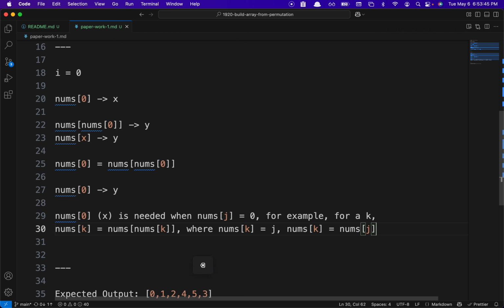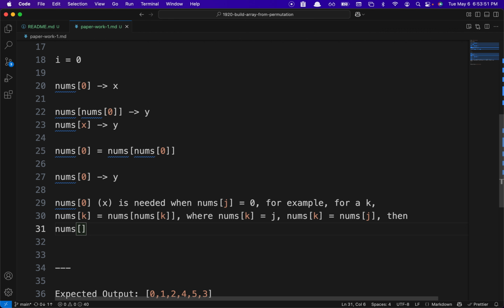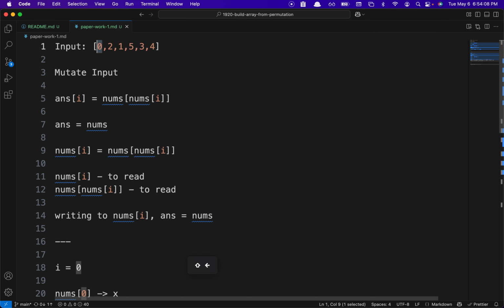This means you basically say when nums of k equals 0, basically j and k are equal. j and k are equal. In this case, it's 0 basically. j equals k equals 0.